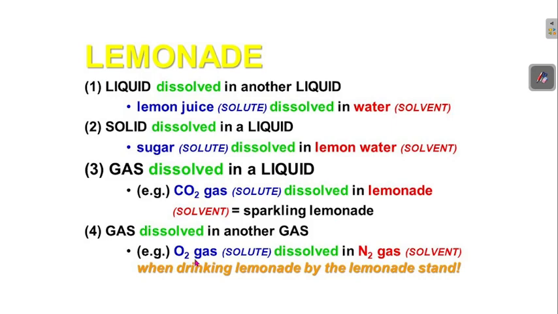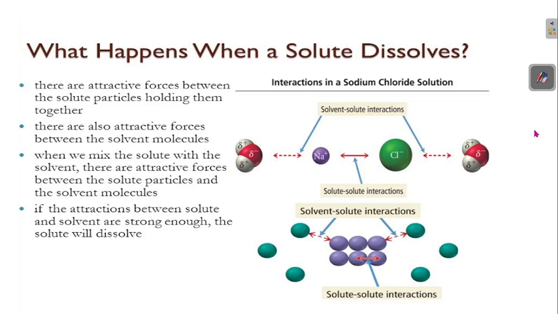Now, this is a bit silly, but when you're drinking that lemonade by the lemonade stand, you are surrounded by a solution of gases. Oxygen and nitrogen is mostly what is in the air that you're breathing. So you have a gas in a gas example there. What happens when a solute dissolves? You need to be able to explain to me what is going on.